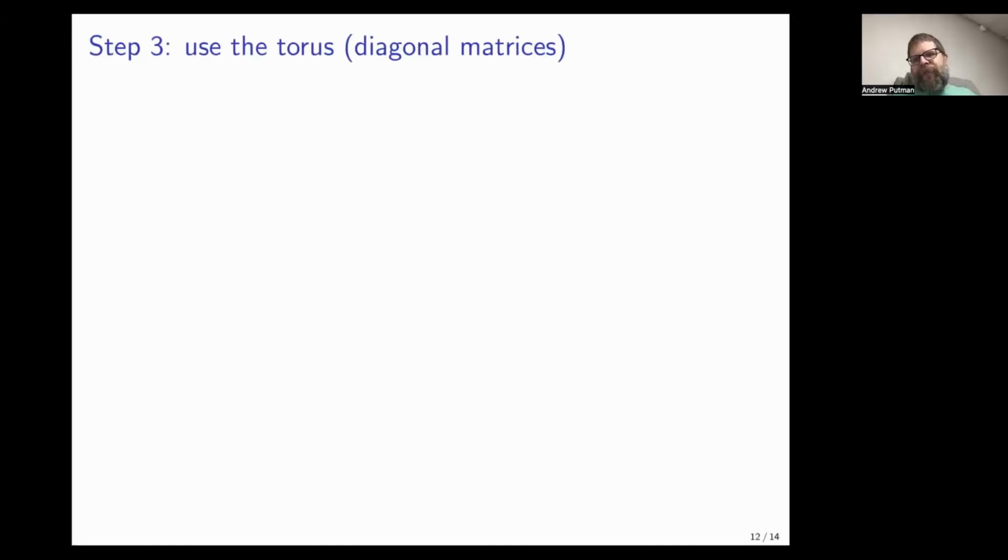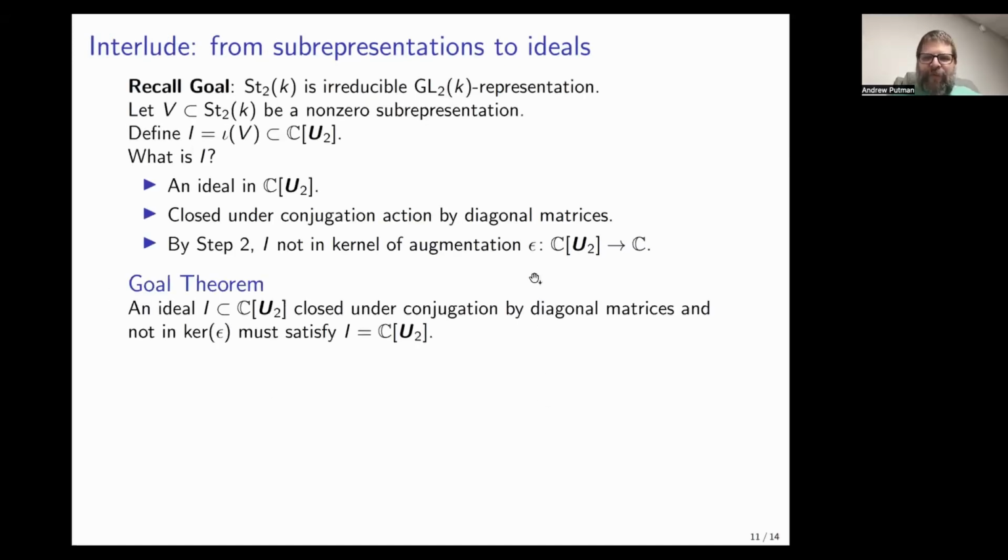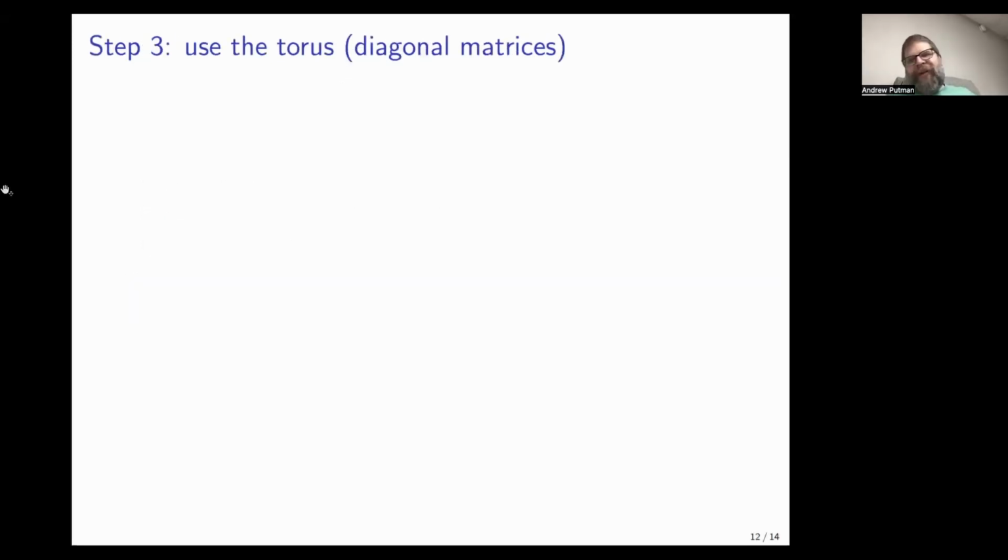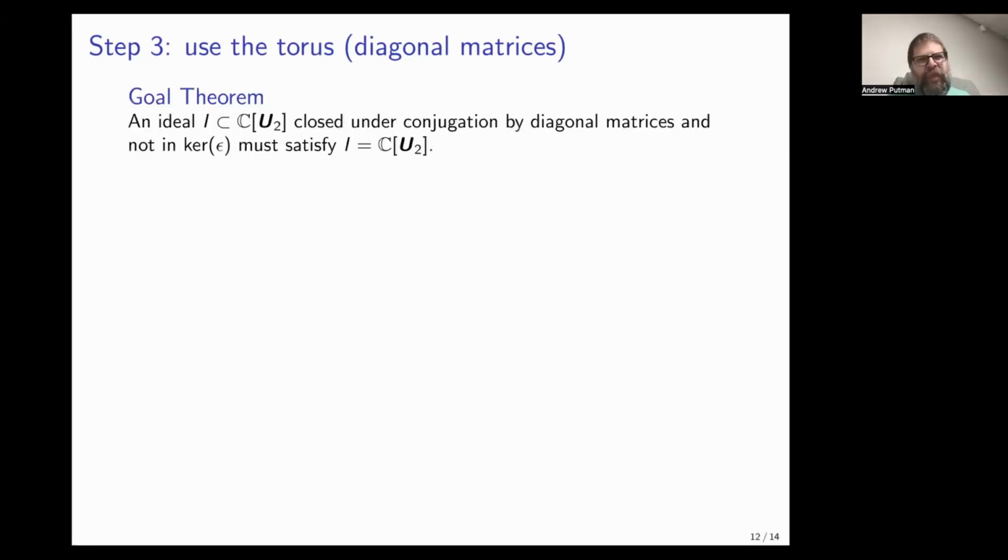Okay, so now we want to prove this, and we see these diagonal matrices have to play some important role here. We have an ideal that's not contained inside the augmentation ideal, but we have to use the diagonal matrices somehow. So step 2 is we're going to use the torus, since the diagonal matrices are an algebraic torus. Here's my goal theorem again.